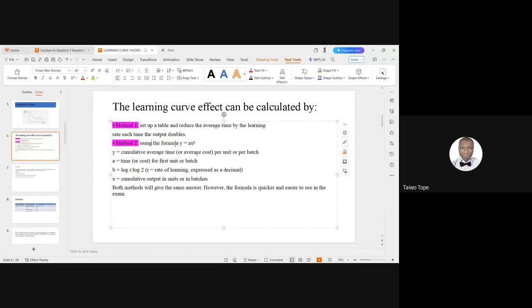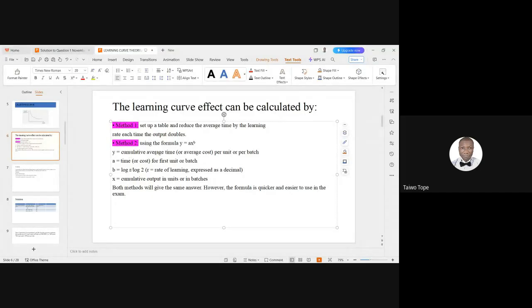So using the formula approach, you have y equal to ax to the power of b. What is y? Y is the cumulative average time or average cost. Sometimes the learning rate will reduce the cost of labor, the labor rate.